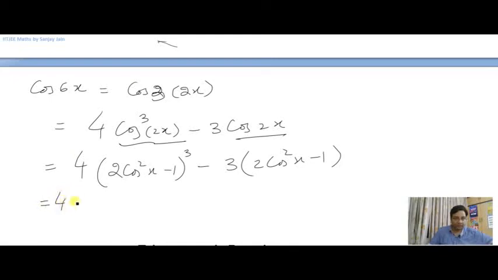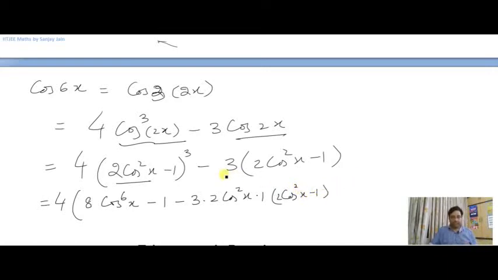So this will be equal to 4 a cube, that is 8 cos raised to power 6x minus 1 cubed minus 3 into 2 into cos square x into 2 cos square x minus 1.